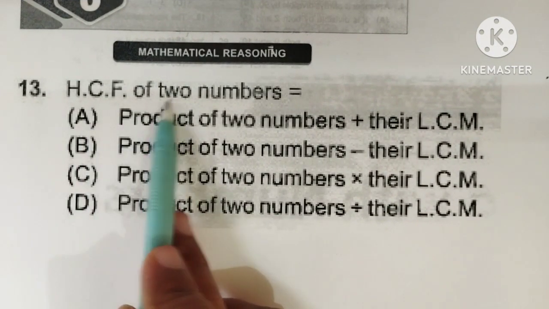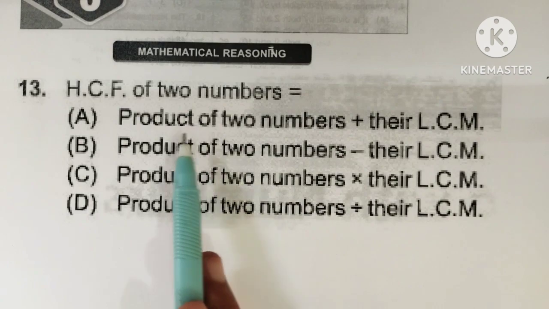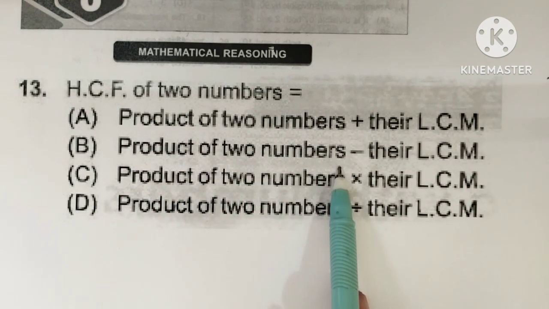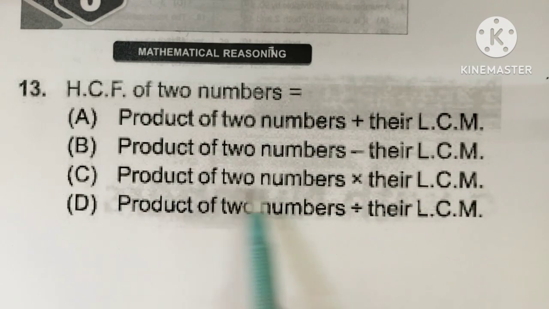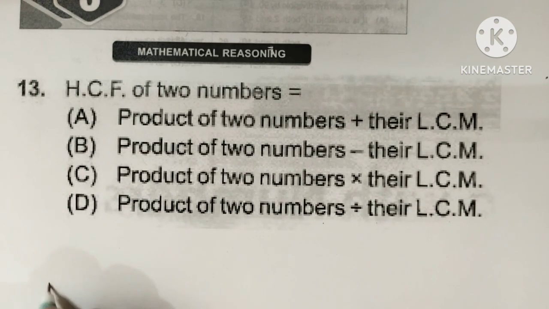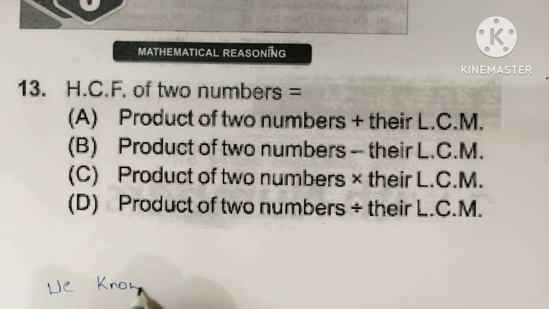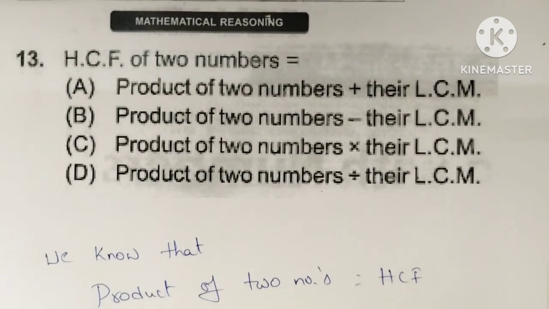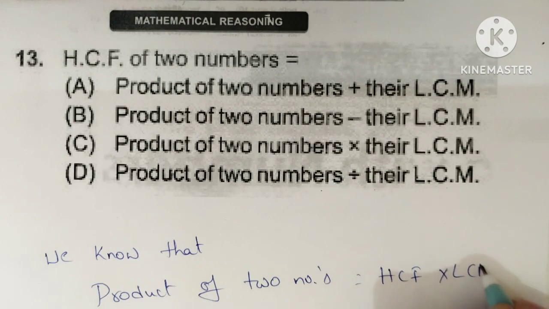13th problem, HCF of two numbers equals: the product of two numbers plus their LCM, the product of two numbers minus their LCM, the product of two numbers multiplied with their LCM, or the product of two numbers divisible by their LCM. We know that the product of two numbers equals HCF into LCM.